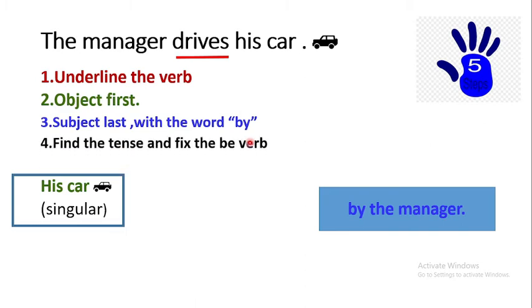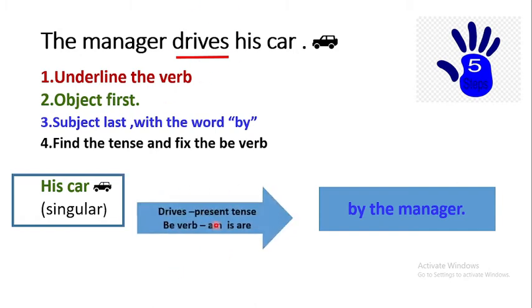Fourth step, find the tense. Present tense or present continuous tense, and fix the be verb. Here the verb says drives. Drives, that is present tense. The be verb: am, is, are. So his car means only one car. You have to use is. So the be verb is fixed, is.